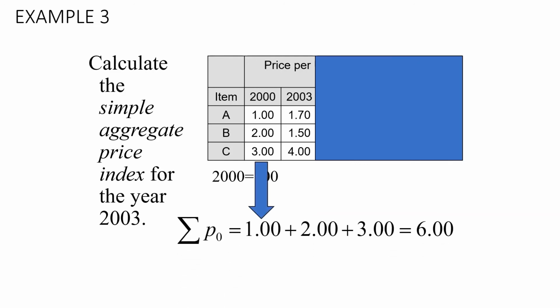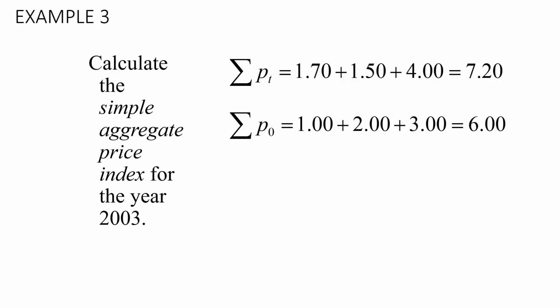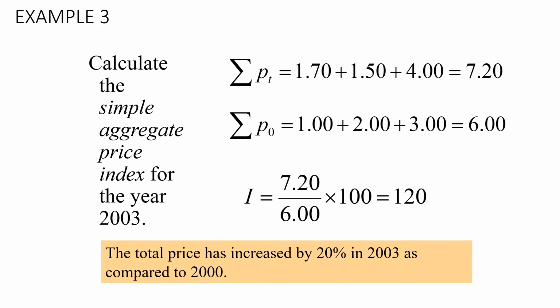It is denoted by sigma p naught. The simple aggregate price index for the year of 2003 is 7.2 divided by 6 multiplied by 100 equals to 120. Interpret. The total price has increased by 20% in 2003 as compared to 2000.